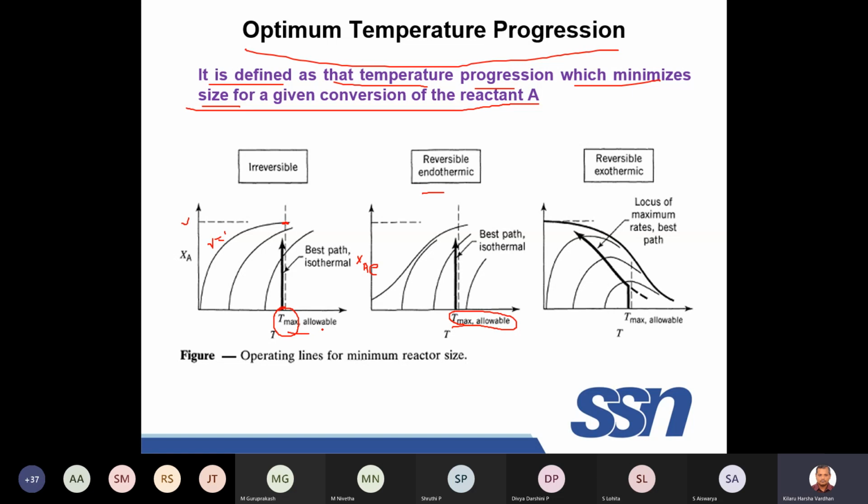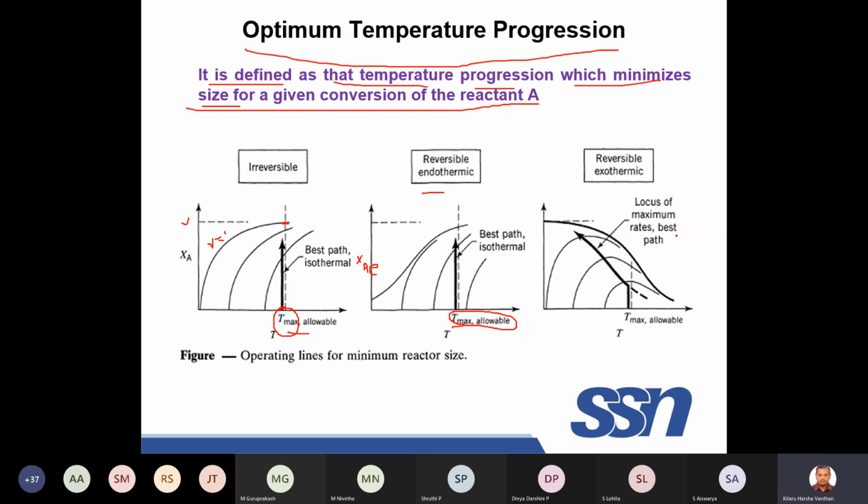Who will give you this limit? This limit will be given by the material of construction of the reactor, both for irreversible exothermic, irreversible endothermic, or reversible endothermic. Now we'll see reversible exothermic.